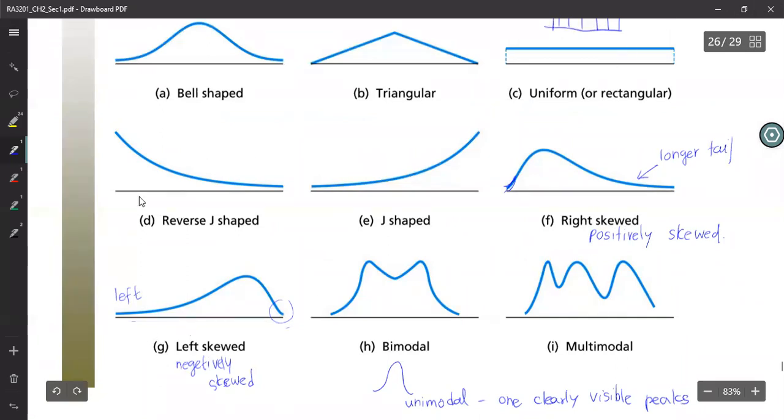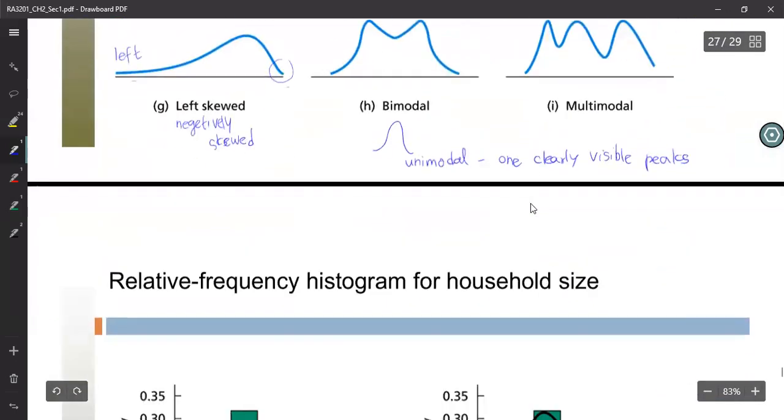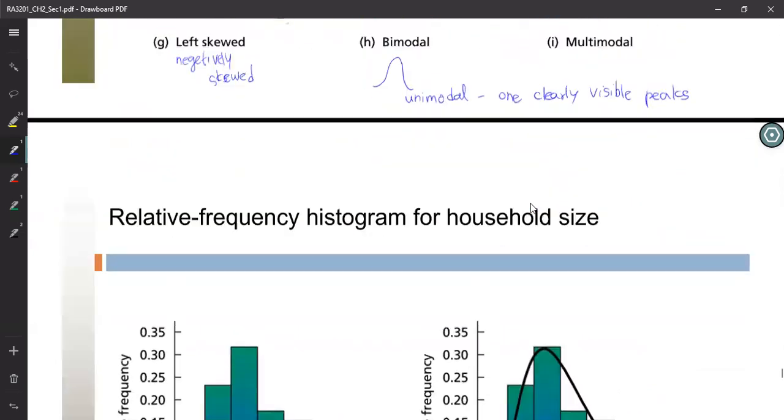Sometimes uniform or J-shape. Reverse J-shape means you have a right tail but no left tail at all. J-shape is you have a longer left tail but no right tail at all.